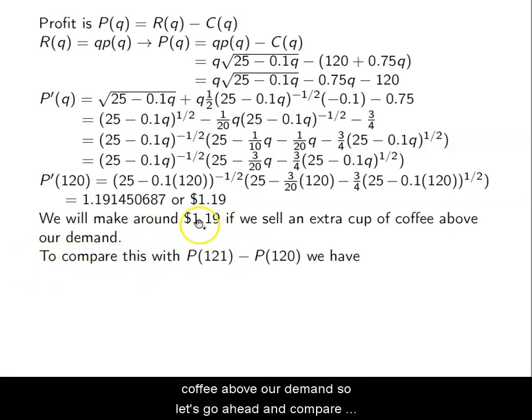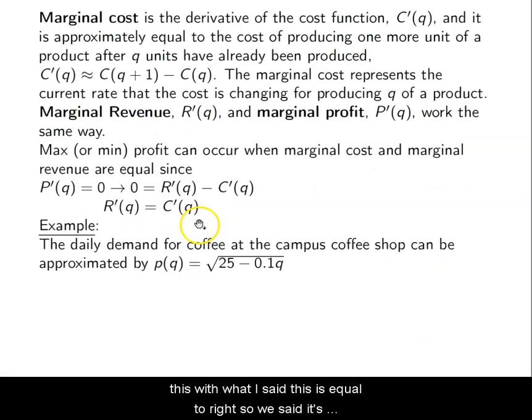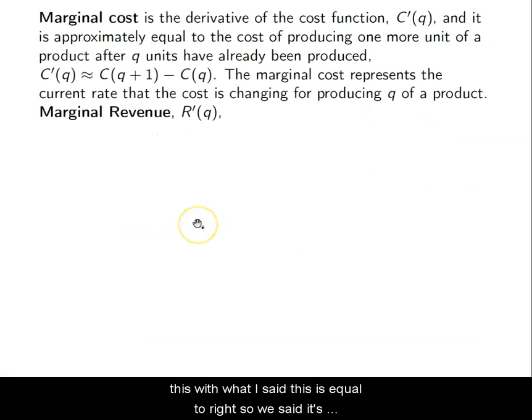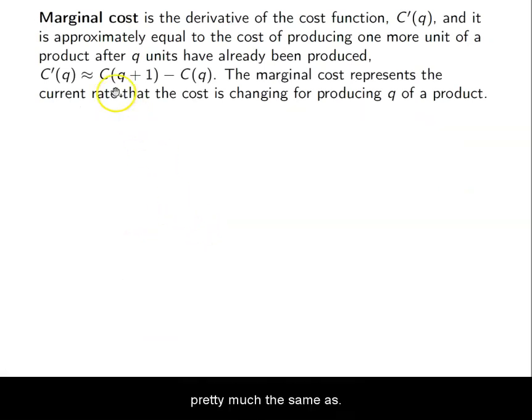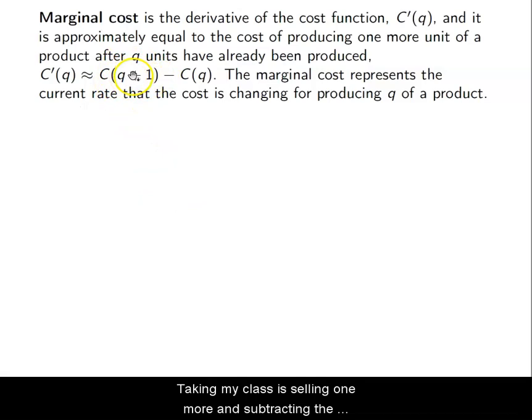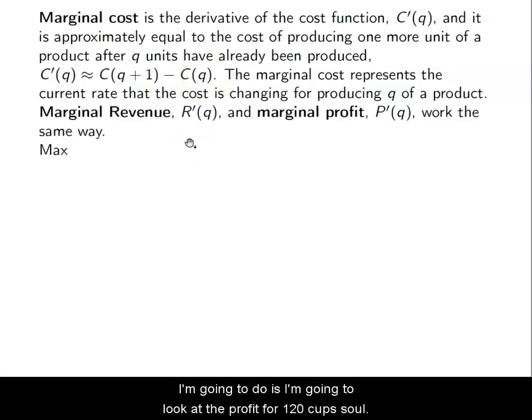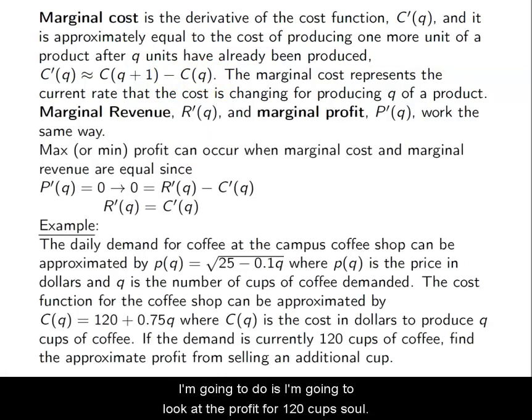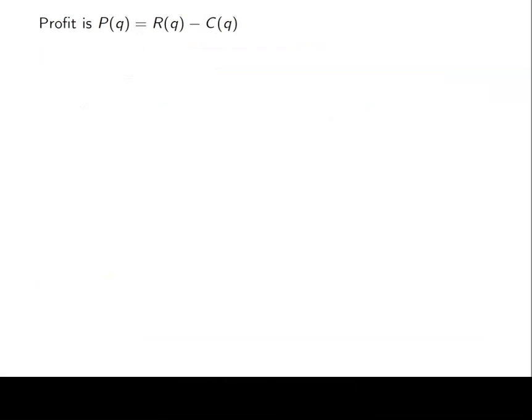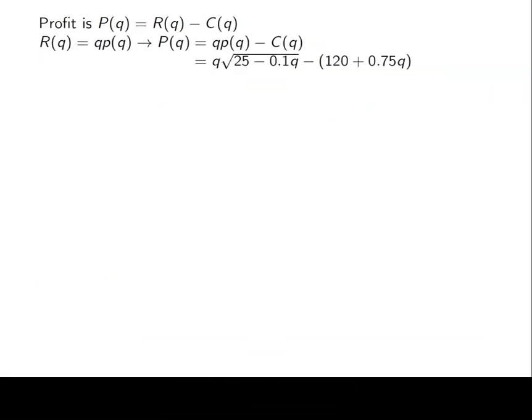So let's go ahead and compare this with what I said this is equal to, right? We said it's pretty much the same as taking my cost of selling one more and subtracting the cost of where I'm at, right? So here I'm looking at profit. I'm going to look at the profit for 120 cups sold for my profit function, which is this.